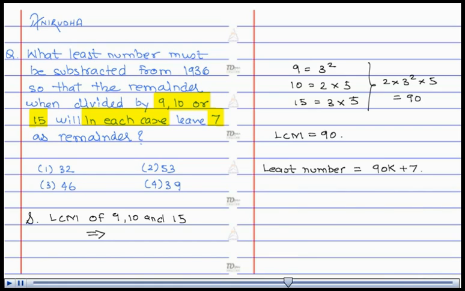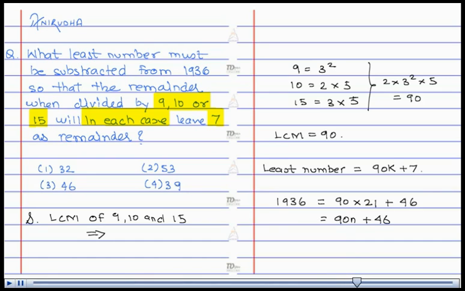Now, our number given to us is 1936. We can express this number 1936 as equal to 90 into 21 plus 46. This number is of the form 90n plus 46.